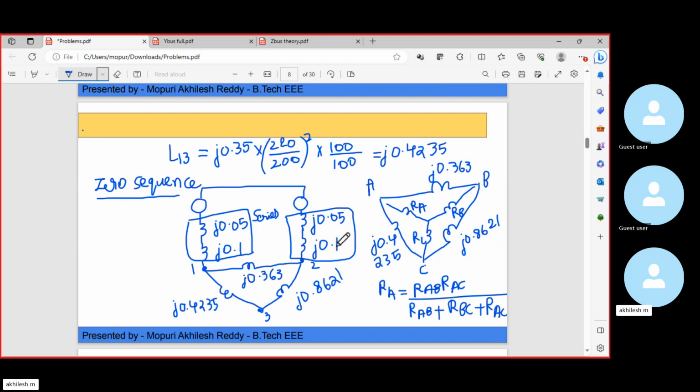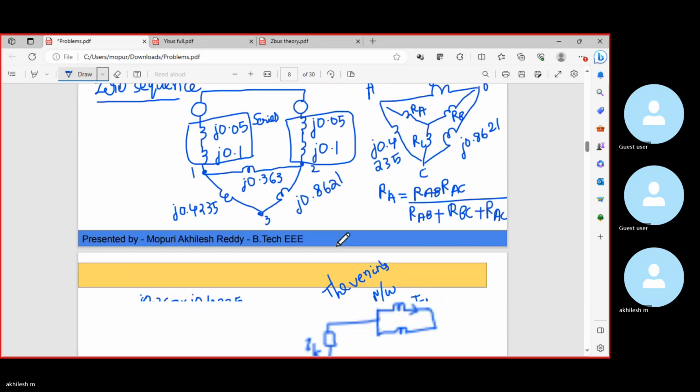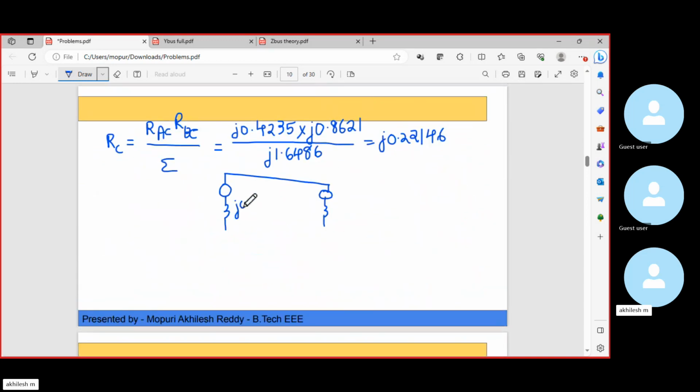So it will become J 0.15, J 0.15, similarly J 0.15. And here, this is the first bus bar. This is the second bus bar.